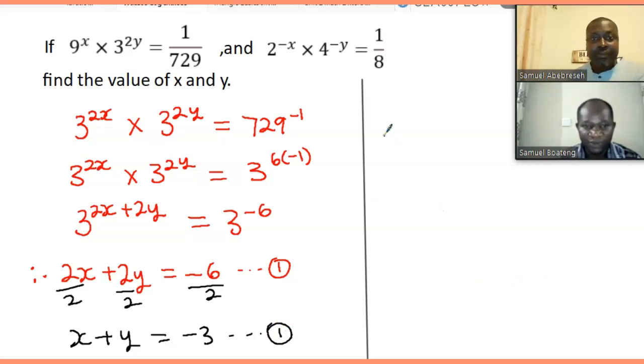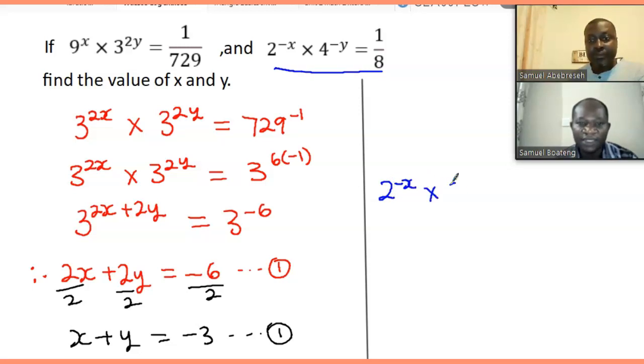And then we move on to the second equation. You first generate your equation before you solve them, or you use the properties and laws of indices to do that. So here we have 2 raised to the power minus x times, as usual, let's express 4 in terms of 2, is equal to 8 to the power minus 1.